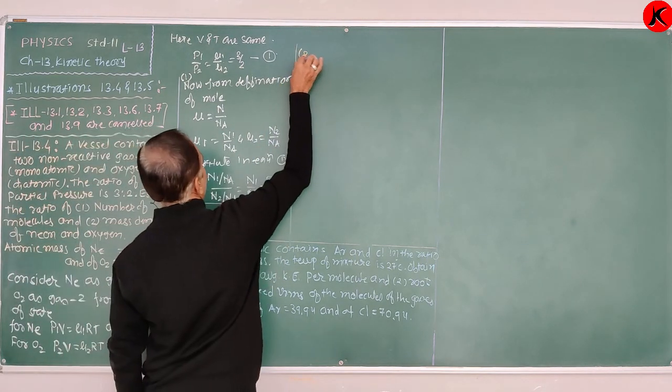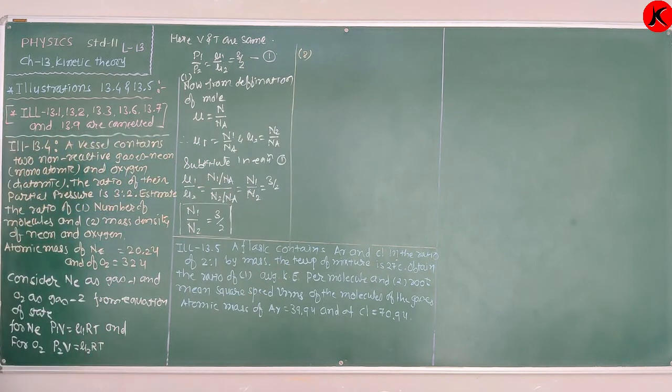Now the second part. We have to find the ratio of the mass density.